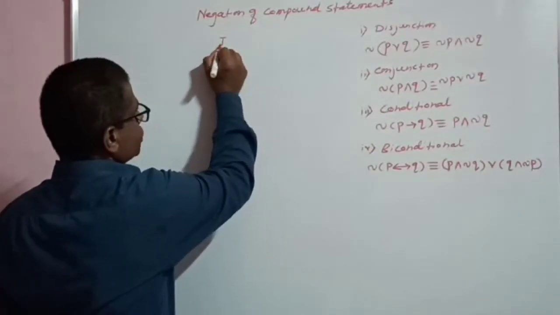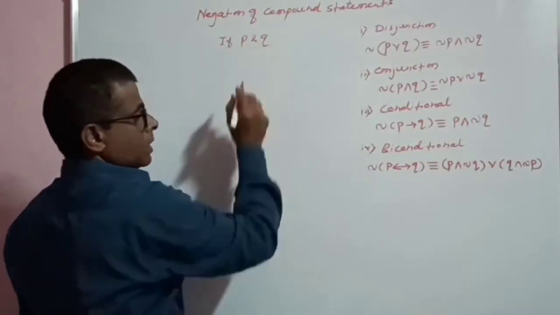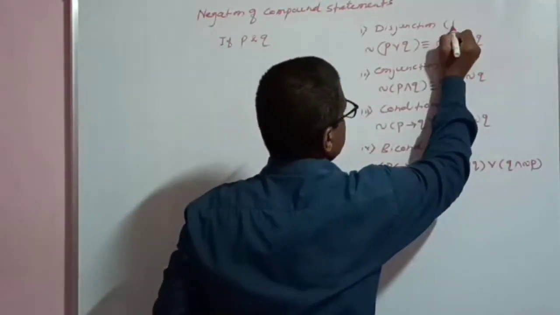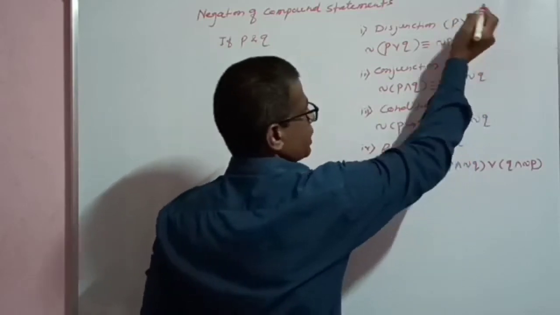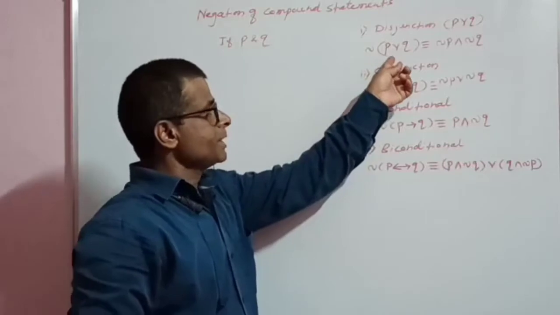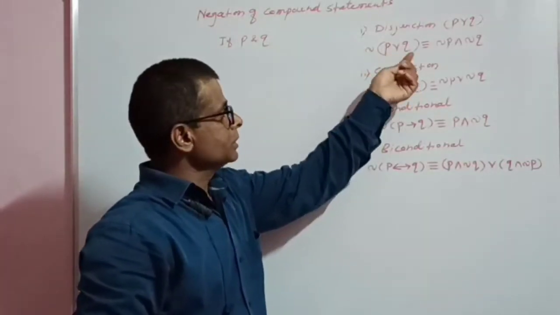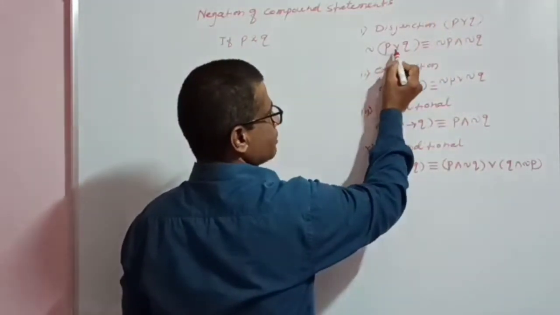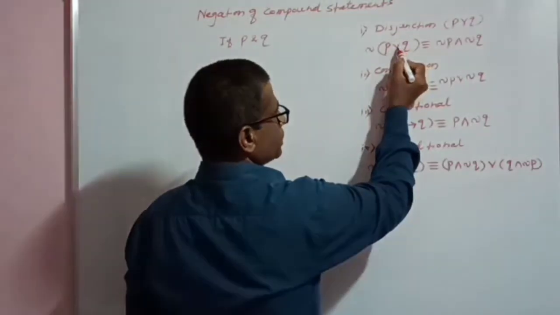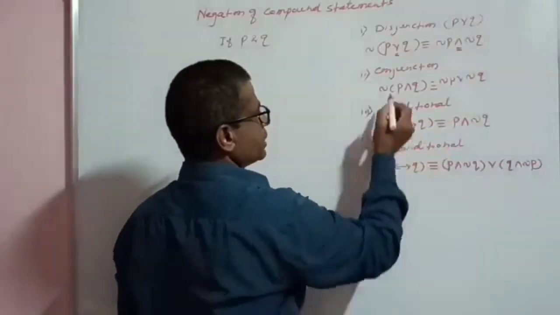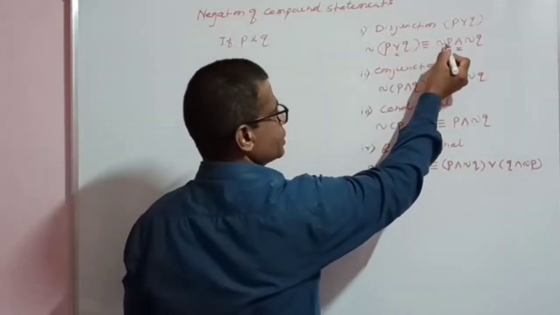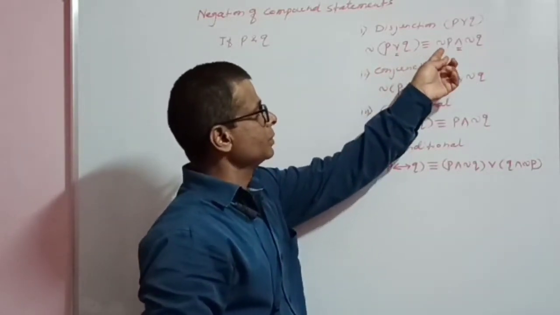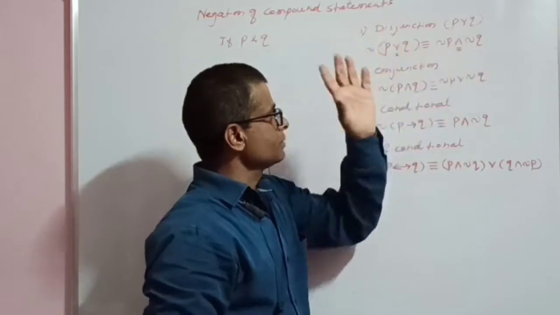If P and Q are any two statements, then their disjunction is denoted by P disjunction Q. Then the negation of P disjunction Q is negation of P conjunction negation of Q. While taking the negation of the disjunction of P and Q, the disjunction changes to a conjunction, and you have to take the negation of each statement, so negation of P and negation of Q. So negation of (P disjunction Q) is logically equivalent to negation of P conjunction negation of Q.